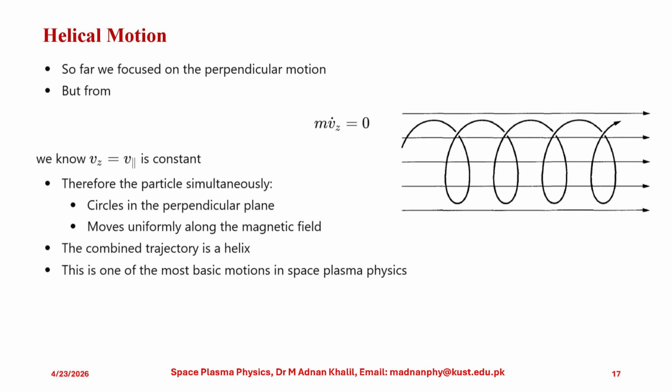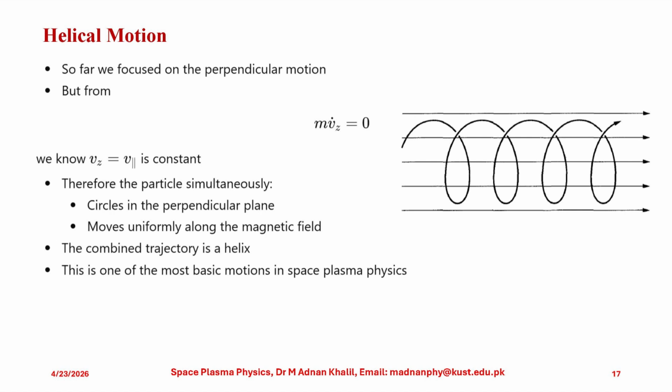Perpendicular motion alone gives a circular orbit, but there is also motion along the magnetic field. From the third component equation, m times vz dot equals 0, so vz, the parallel velocity, remains constant. That means the particle circles in the plane perpendicular to the magnetic field while simultaneously moving uniformly along the magnetic field.